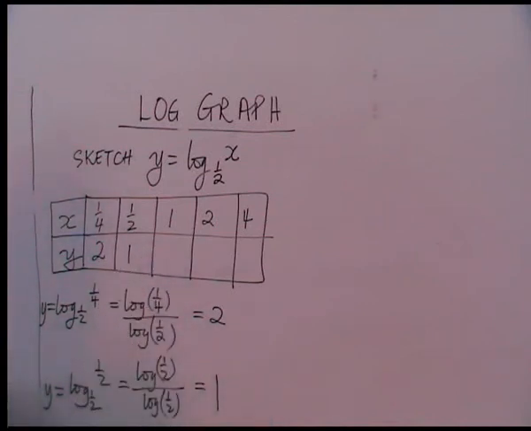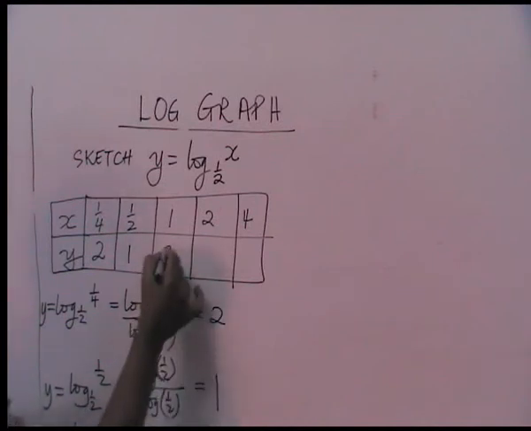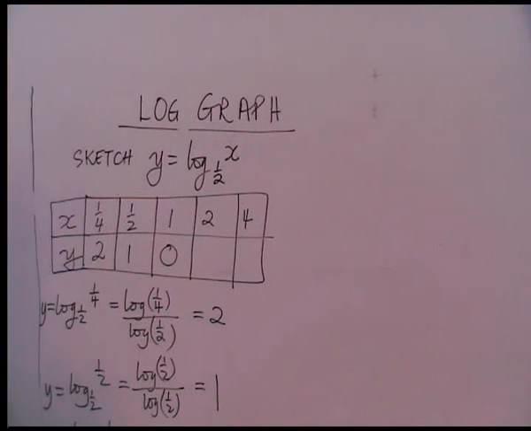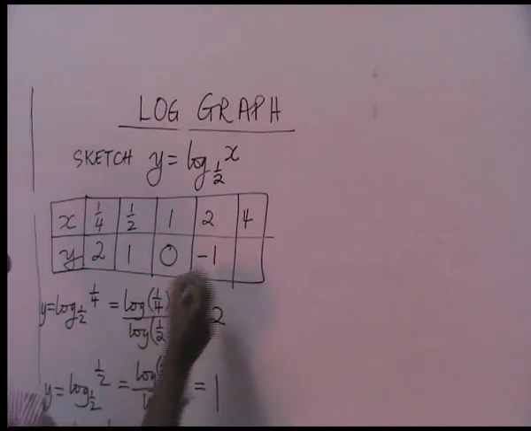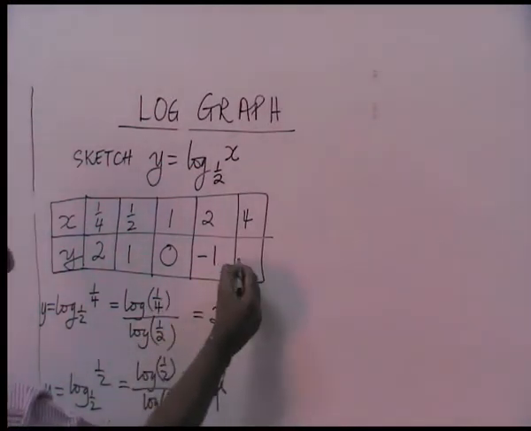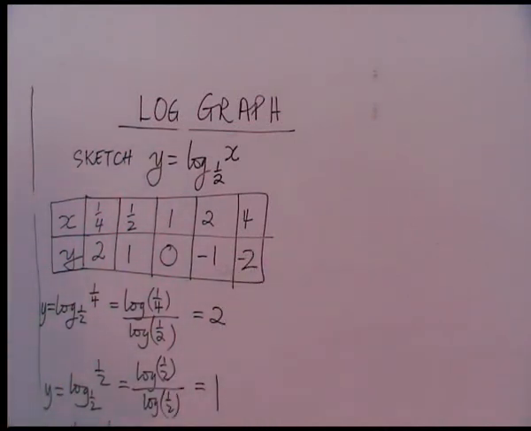Then you'll get log of 1, y is equal to log of 1 to the base half. Put that in the calculator, after changing base, you'll get 0. Then y is equal to log of 2 to the base half, and that will become log of 2 over log of half, and you will get minus 1 for that, and similarly you will get minus 2 for that.